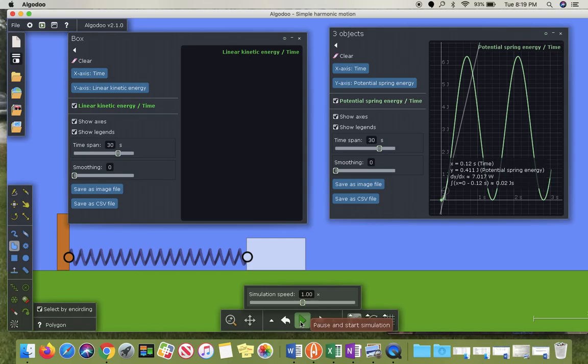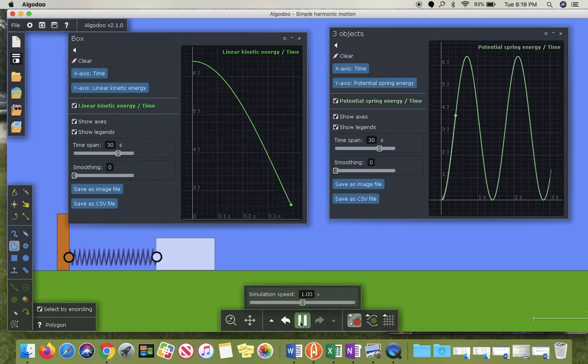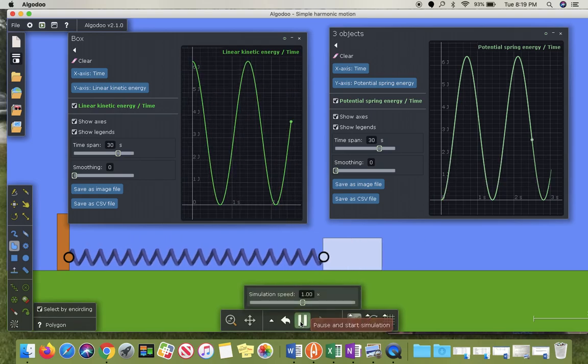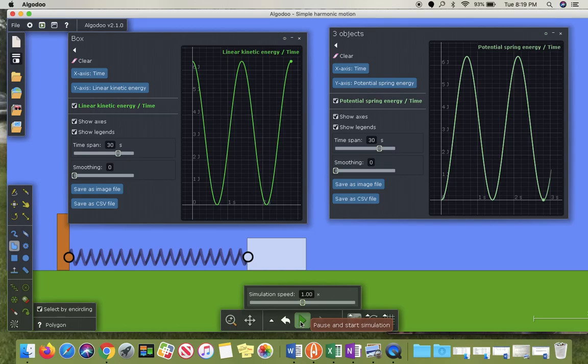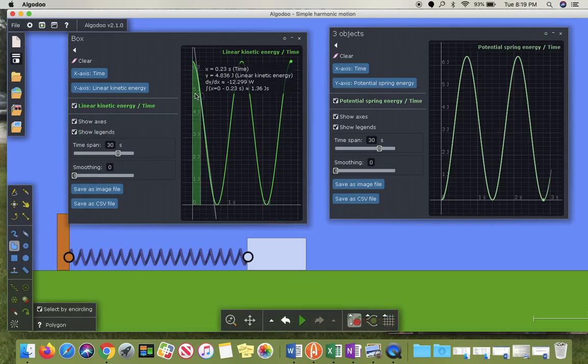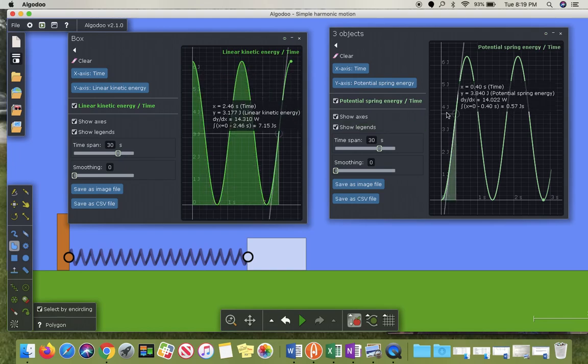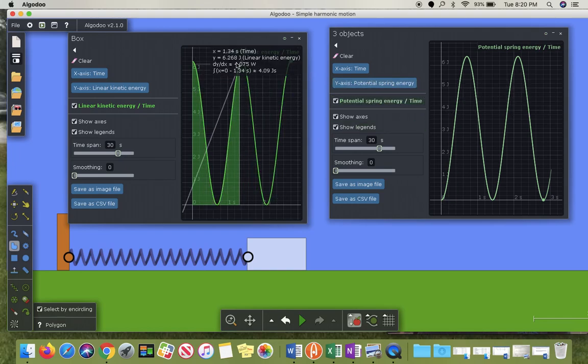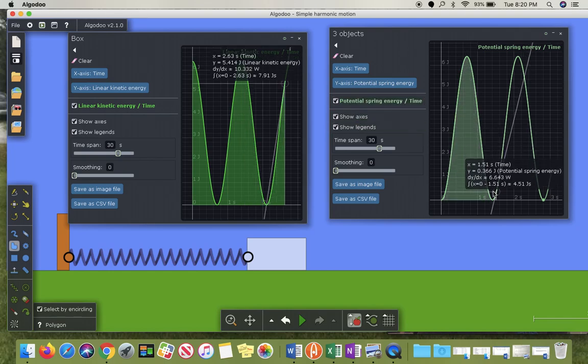As we go through about one cycle here on the kinetic energy versus time graph, so we are about exactly one cycle here. Notice that the kinetic energy versus time graph is just completely opposite from the potential energy versus time, where the maximum kinetic energy at the midpoint is 6.4 joules, and at the midpoint we have 0 joules of spring energy.